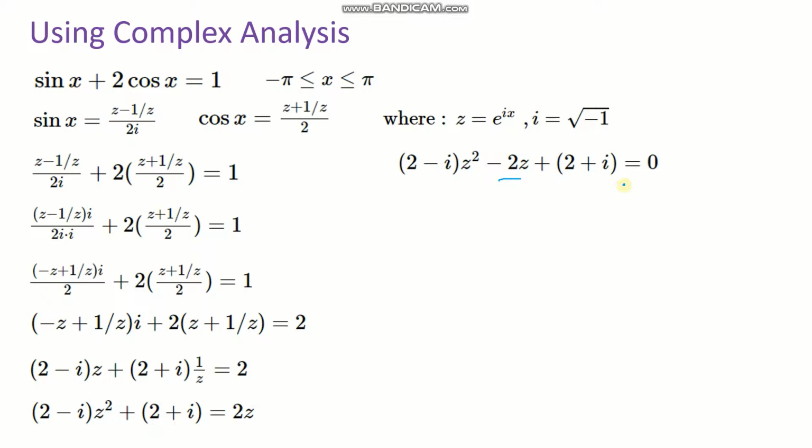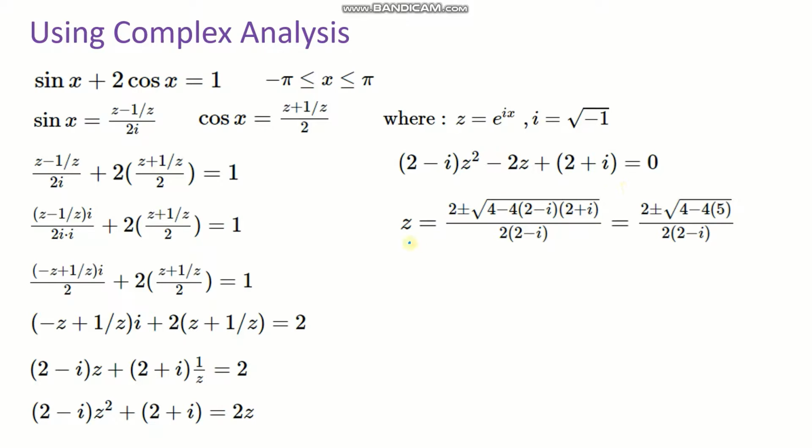Now use the quadratic formula. We have z equals negative b, which becomes 2, plus or minus square root of b squared, which is 4, minus 4 times ac, which is (2 minus i) and (2 plus i), all over 2a, same as 2 times (2 minus i).